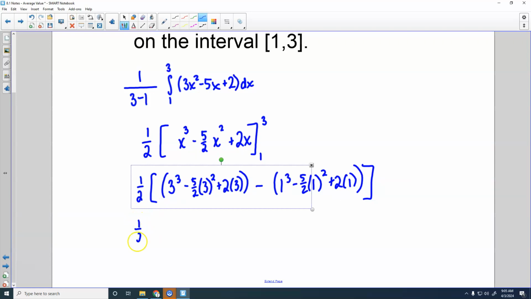And so that's going to give us 27 minus, it's going to be 9 times 5, so 45 over 2, plus 6 minus 1 minus 5 halves.